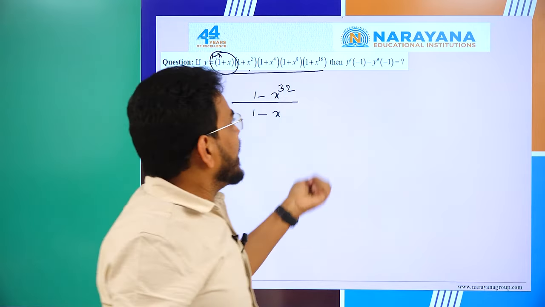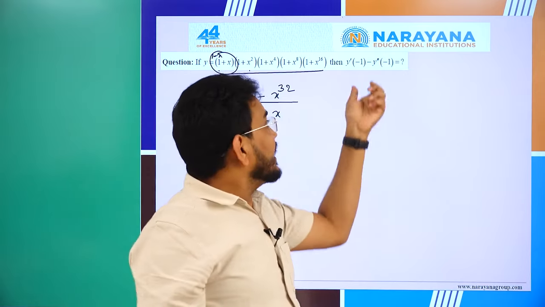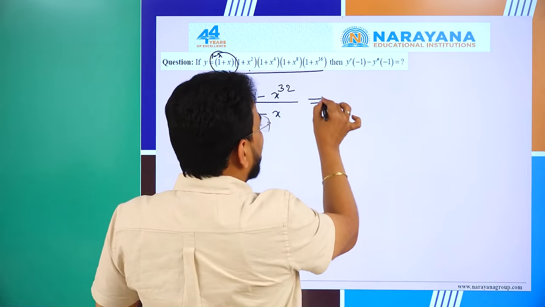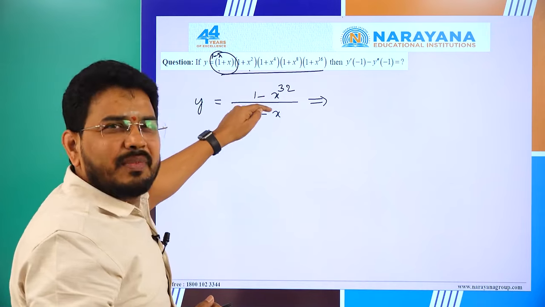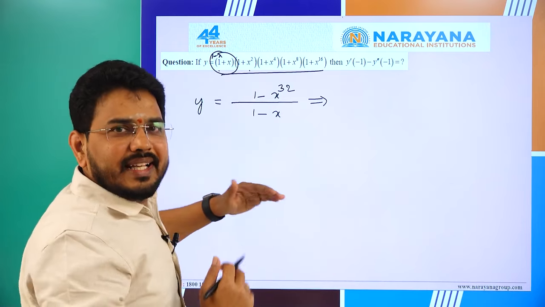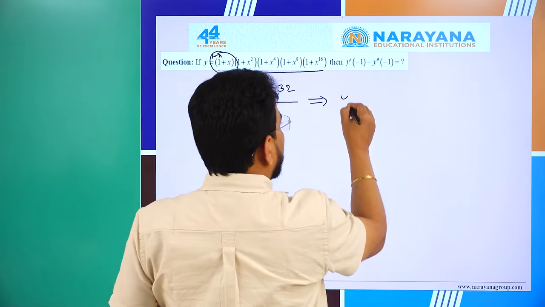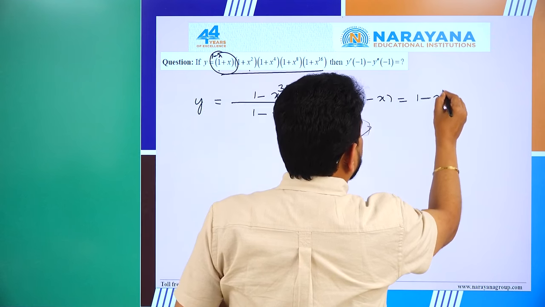Simply differentiate, substitute x is equal to minus 1, and differentiate again, x is equal to minus 1 again to get the things. If I want to differentiate straight away, I need to use the u by v formula, which is comparatively a little lengthy. So instead of that, you may try with this approach.